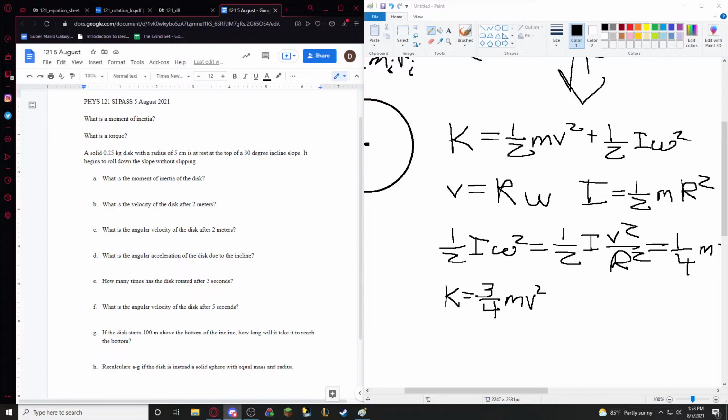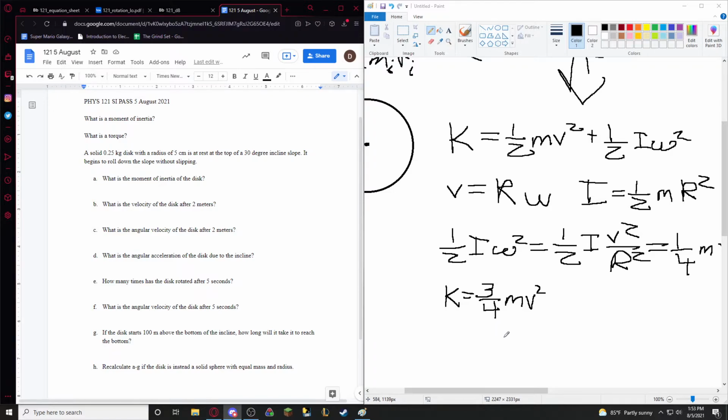No, there's not. It's literally just gravitational potential energy. So as the disk rolls down the hill, its gravitational potential energy, what's gravitational potential energy again? Oh, it's mass times gravity times the height.